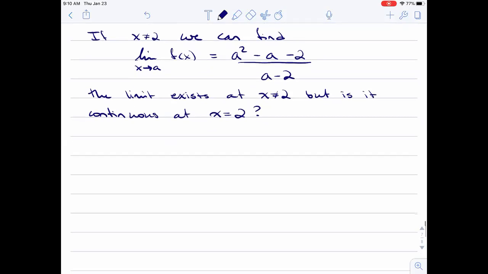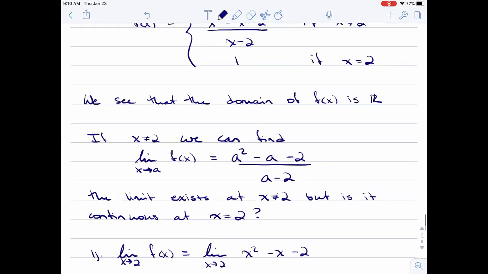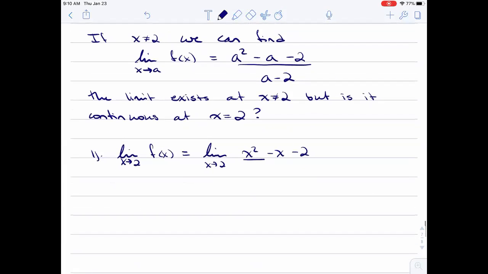And so the first thing we have to check is we have to find the limit as x approaches 2 of f of x, which is the limit as x approaches 2 of x squared minus x minus 2, I want to say, over x minus 2.